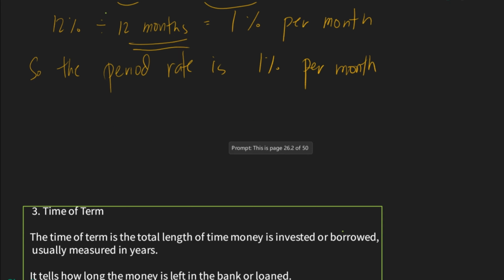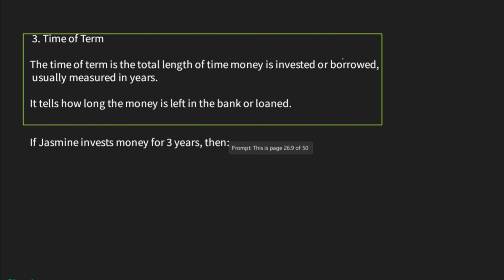All right, next. Number three is the time of term. The time of term is the total length of time money is invested or borrowed, usually measured in years. It tells how long the money is left in the bank or loaned. So, for example, if Jasmine invests money for 3 years, what will be your time of term?